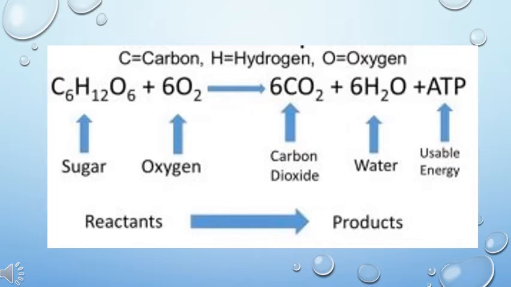This energy is usable energy and is also known as adenosine triphosphate, like I said earlier on. So you can see right here that there's a combination of glucose or sugar with oxygen producing waste products like carbon dioxide and water vapor, and ATP, which is usable energy.